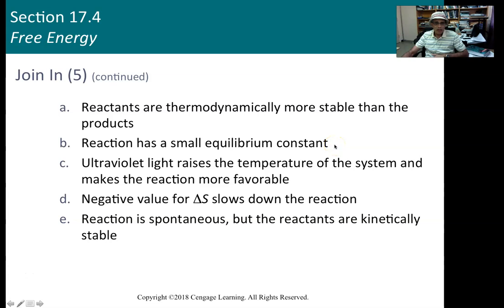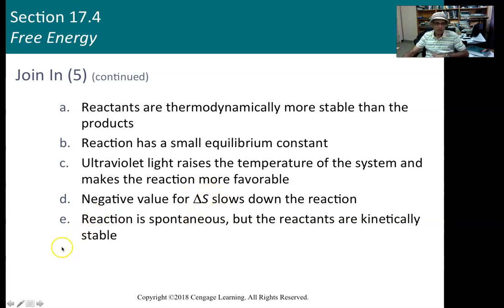If it's favored to the product, then it should have a high equilibrium constant. Ultraviolet light raises the temperature of the system and makes the reaction more favorable. No, that's also not a reasonable answer here. The negative value for delta S slows down the reaction. The negative value doesn't have anything to do with the kinetics.